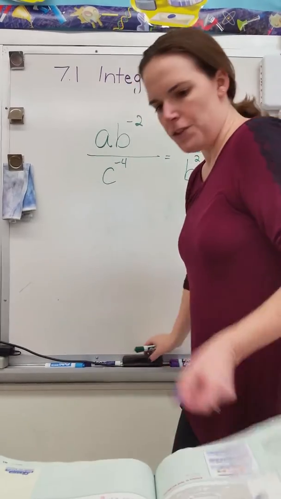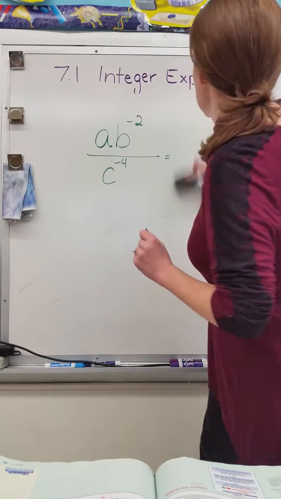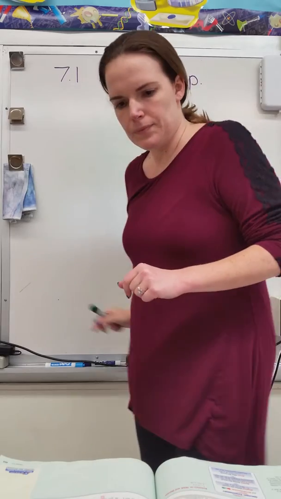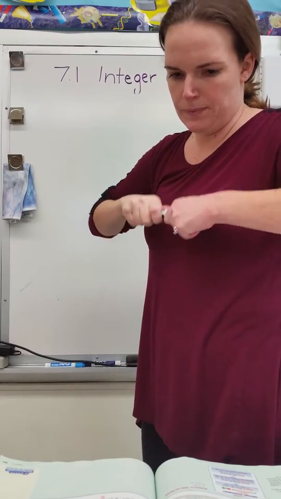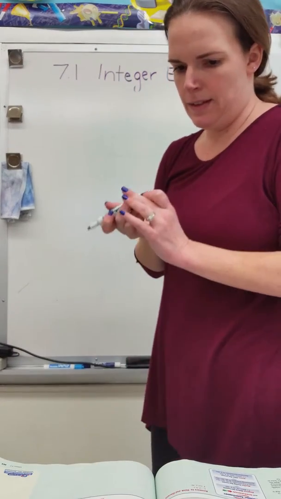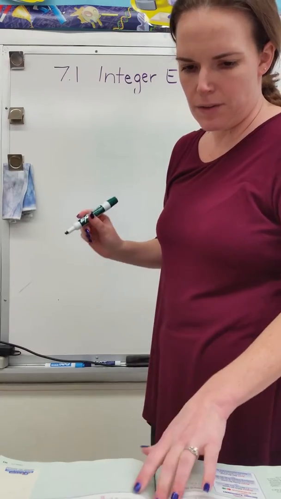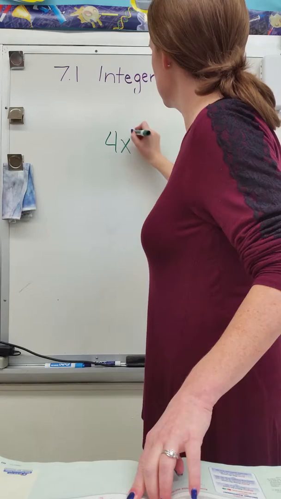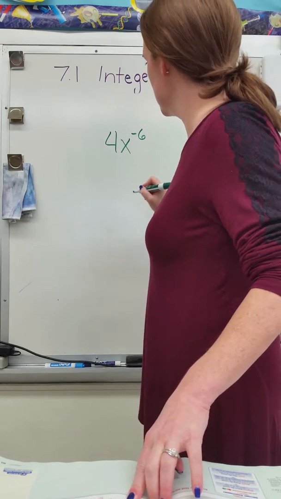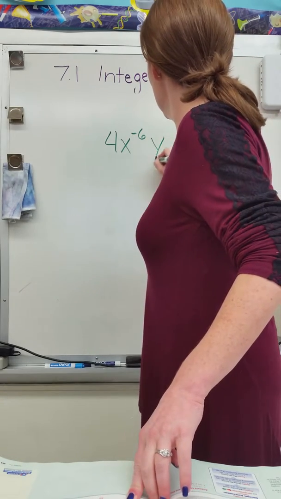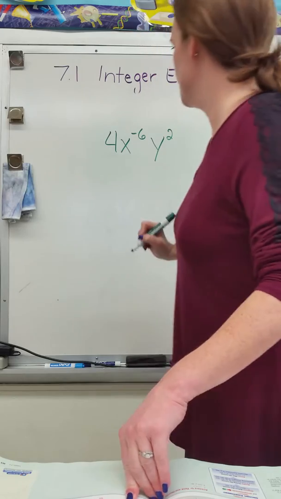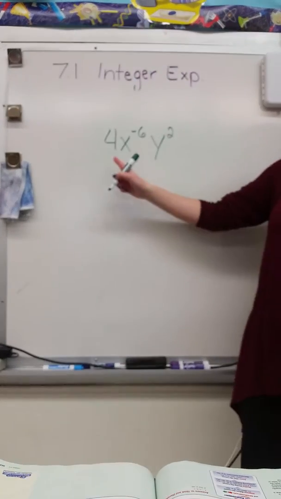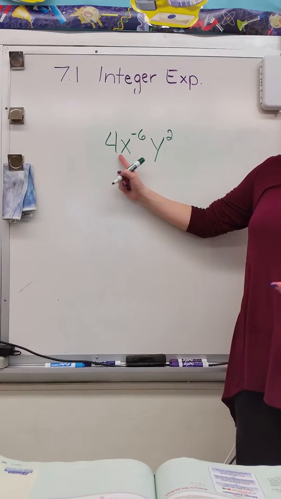Let's do a few more quick examples, and then I think we'll be done with this section. Say you have 4x to the negative 6 y squared. Okay, so this 4 is going to stay where it is.